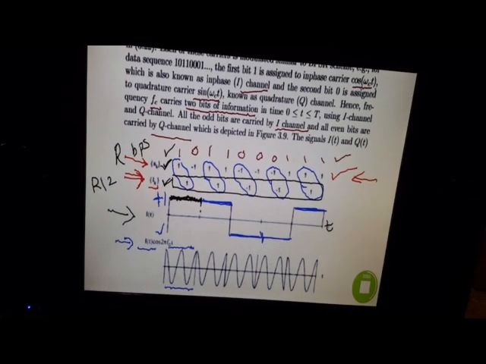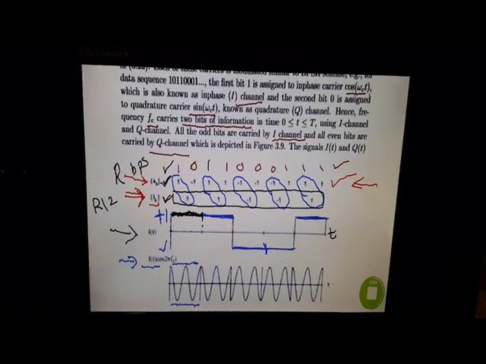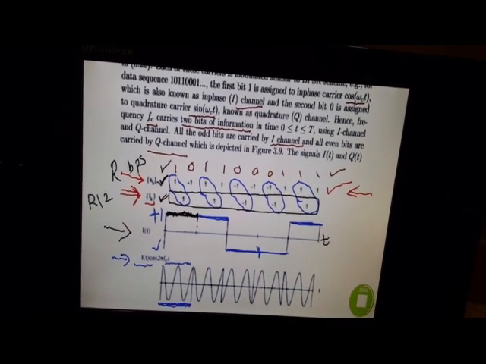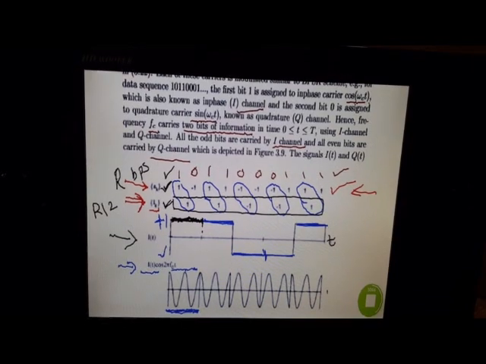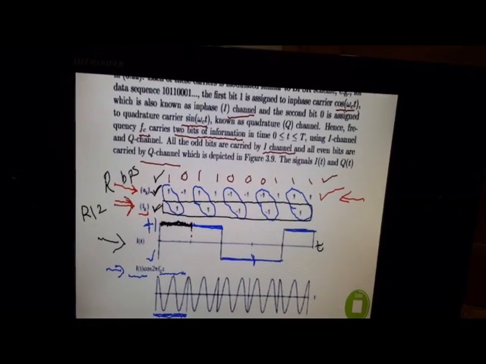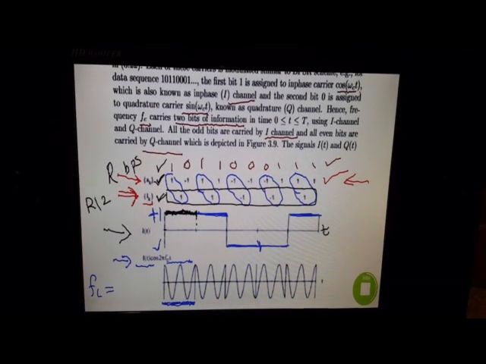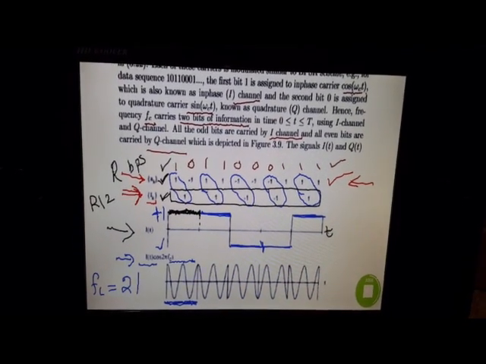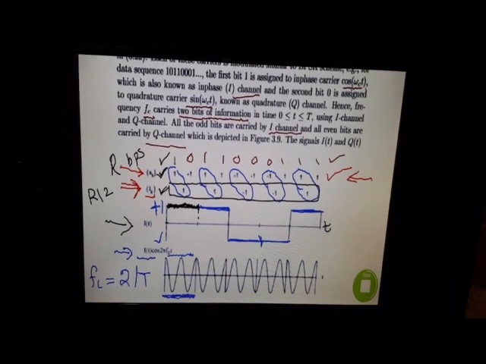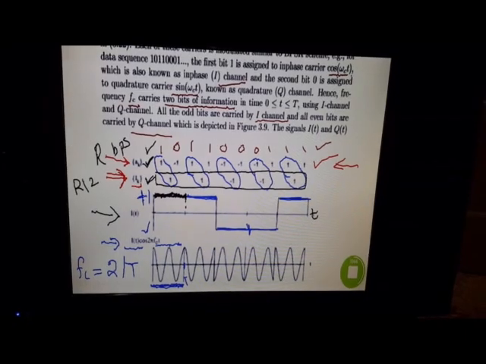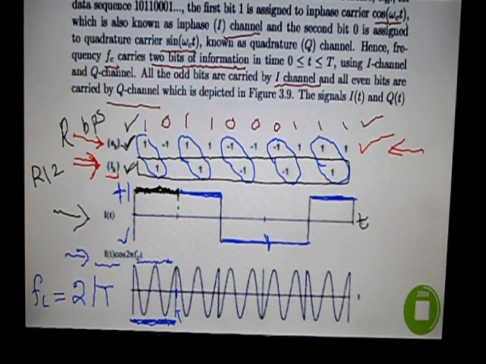Now you can observe that the frequency of this waveform is 2 cycles in this period. So your fc in this figure is 2 cycles per given time interval. We take this as t, this as t, and this point will be 2t.